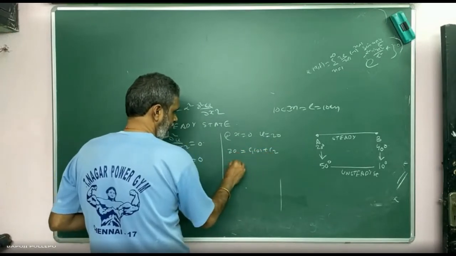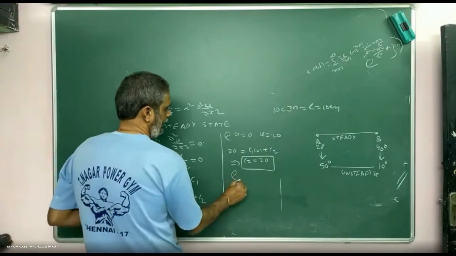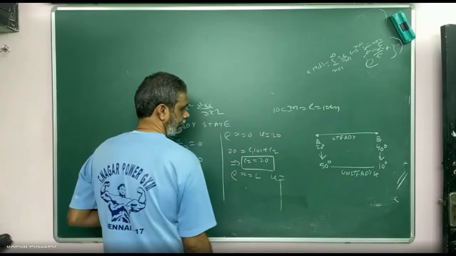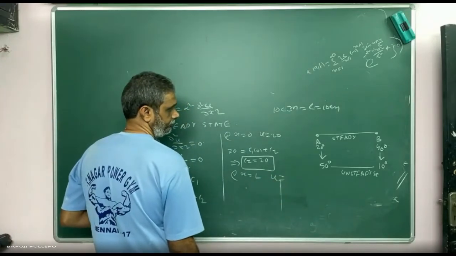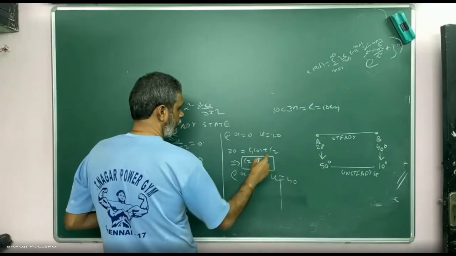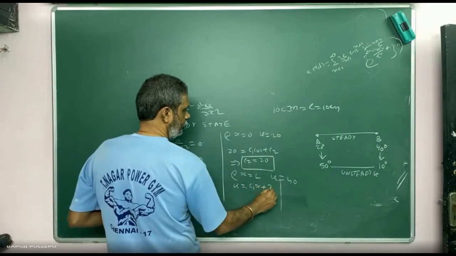So it implies c2 is equal to 20. Now, at x is equal to L, u is equal to what? 40. Very good. Now c2 is equal to 20 means u is equal to c1x plus 20. Agree?